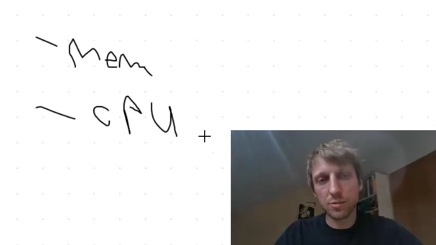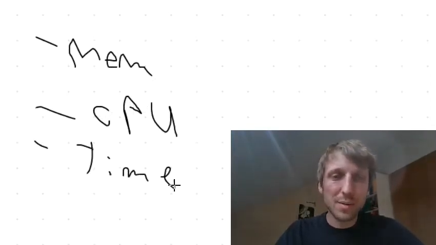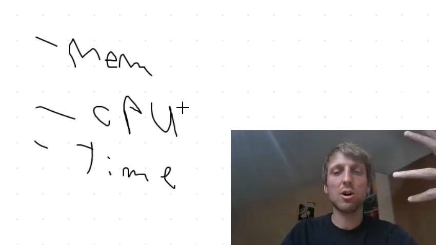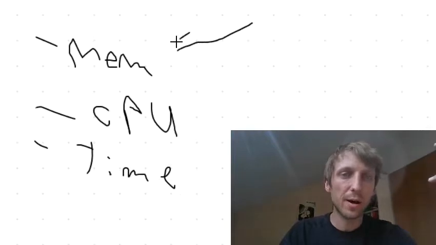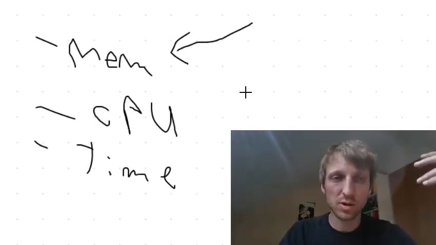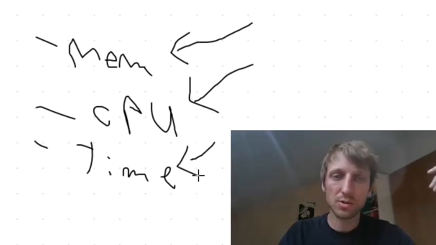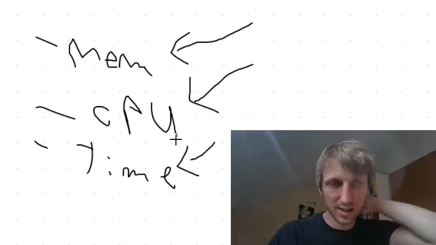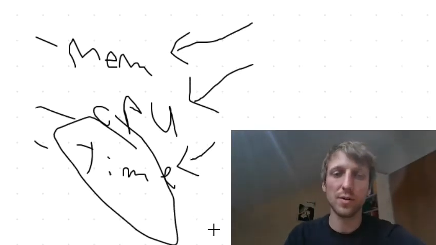Time is also a resource. All of those are limited resources, and you can analyze algorithms with regards to their memory usage, their CPU usage, or even their expected runtime. This is the most important in many cases: the time complexity of an algorithm.